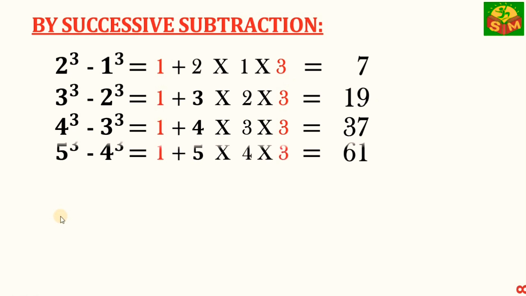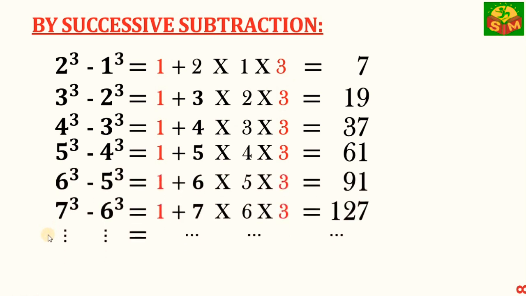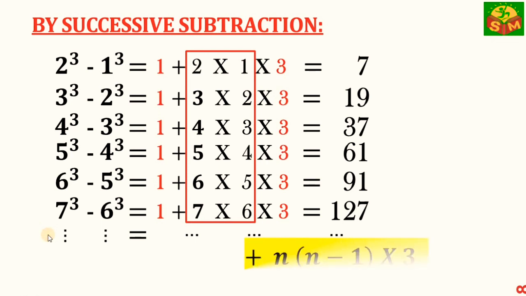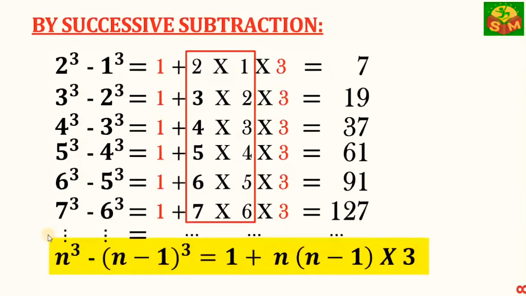We can see a pattern here. Now you can find easily the next sequence. The pattern continues. Here the pattern is continued by multiplying by 3 each time and 1 is added to the product.